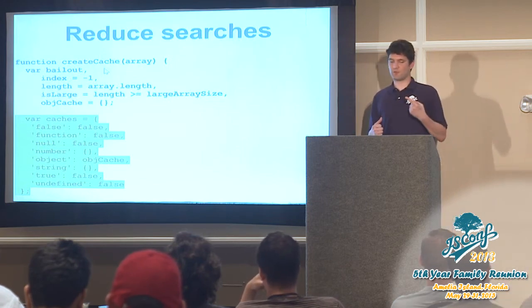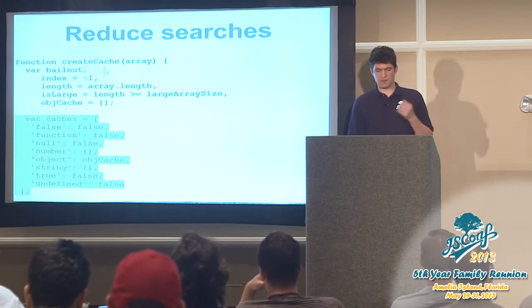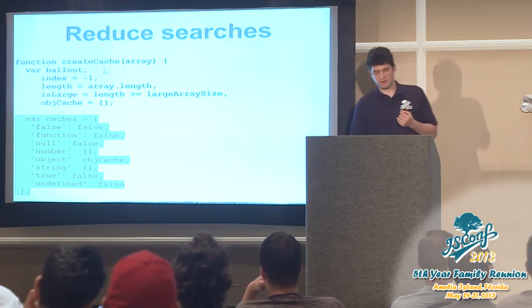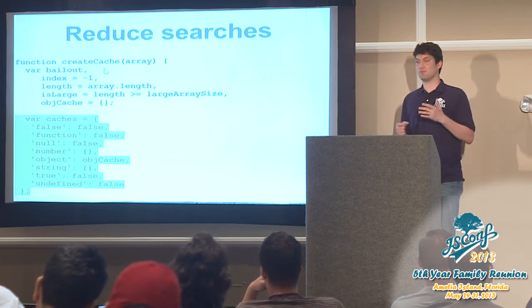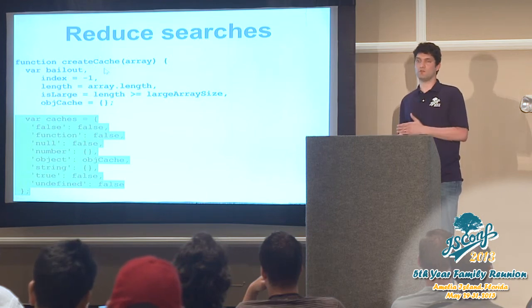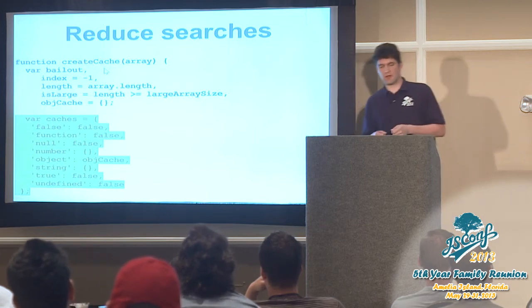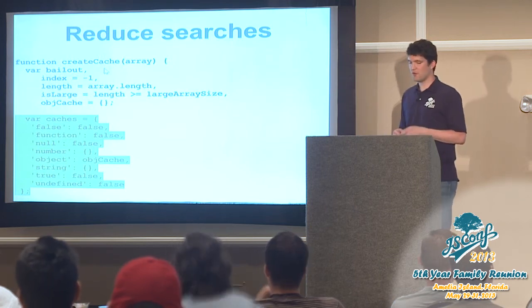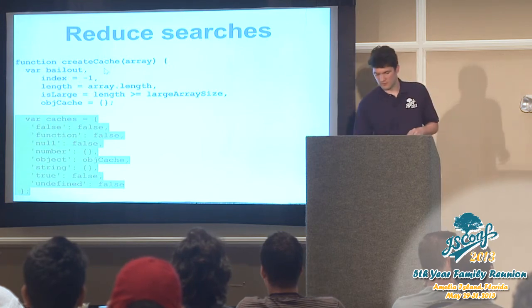So object properties for things like Boolean values, false and true, null, undefined. And I only do those lookups if I'm looking for a value that is one of those. So it's not going to get a false positive like with the number 2 and the string 2. And then I have an object cache for anything else that's an object, so then they'll get their own arrays there.